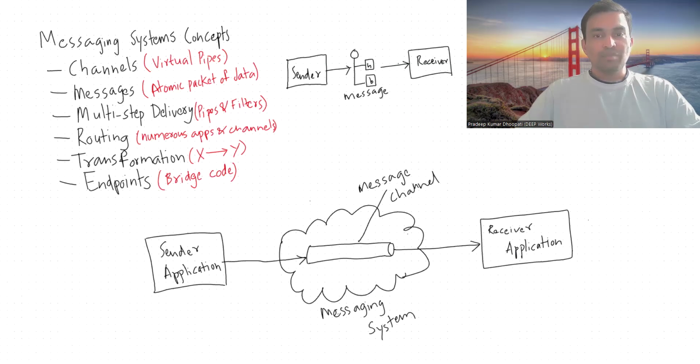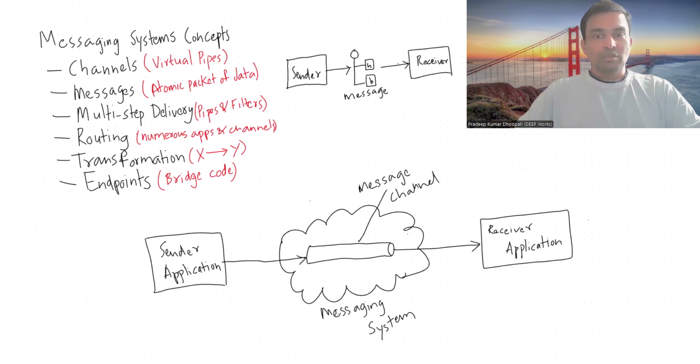Messaging makes the messaging system responsible for transferring the data, and the applications do not really worry so much about how to send the data, but focus on what data it needs to share with the other application.